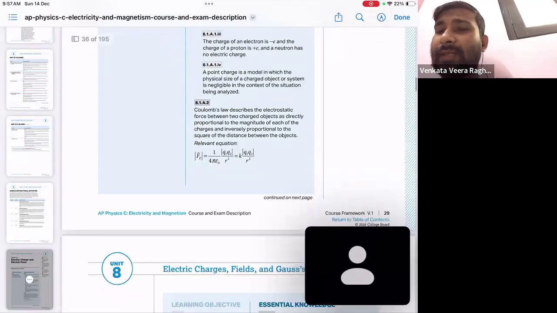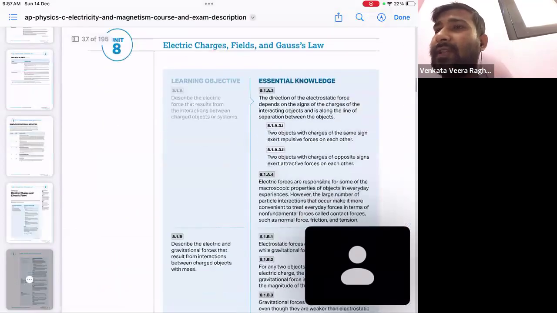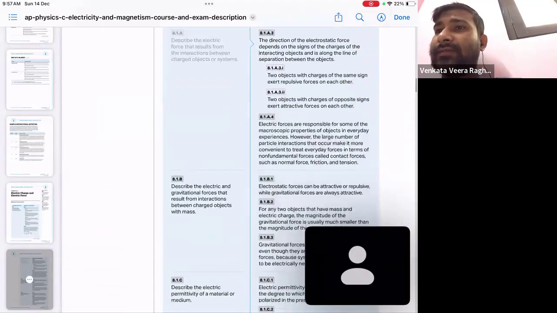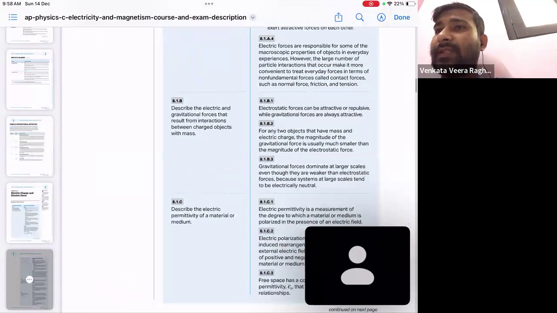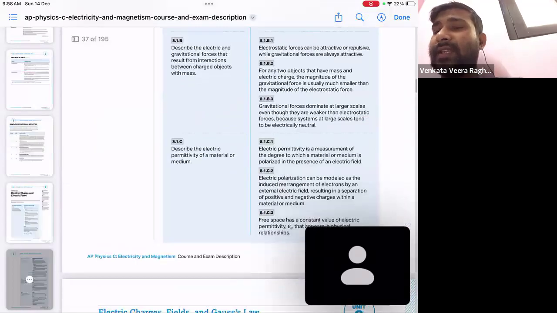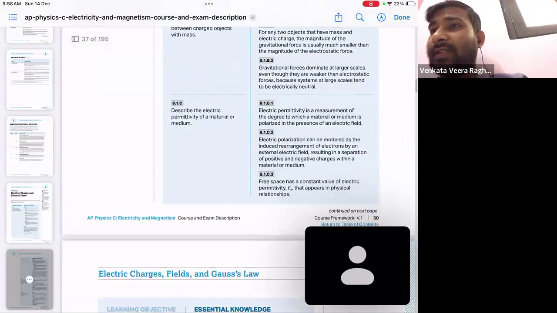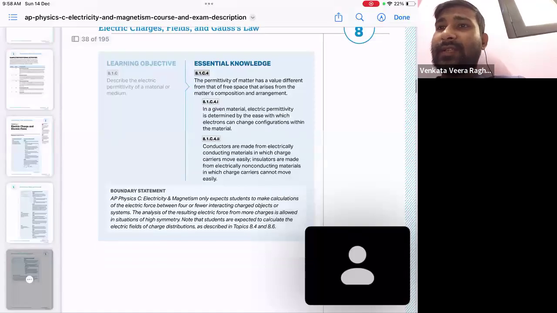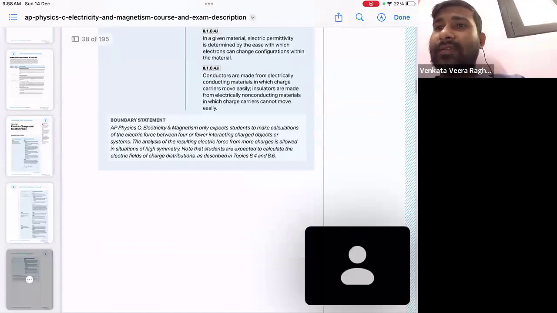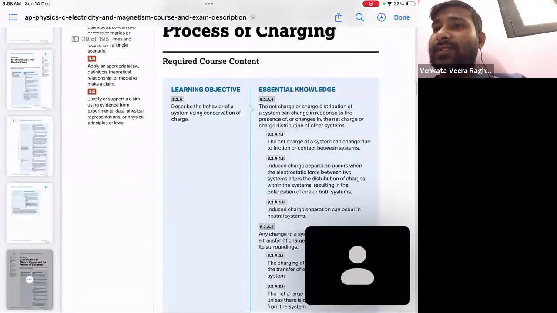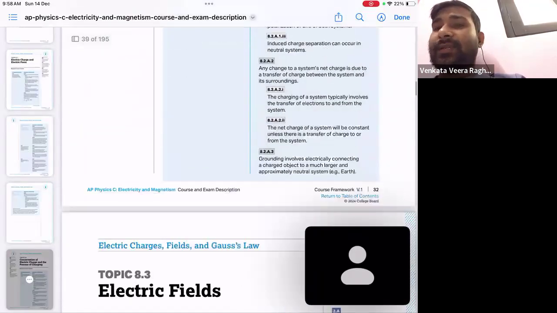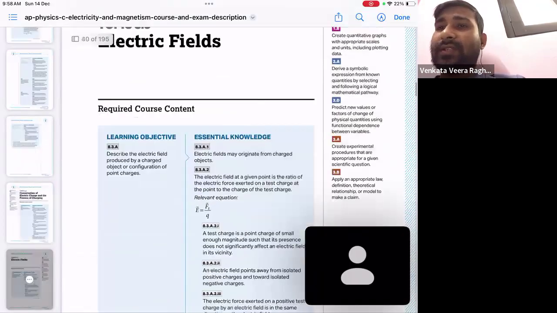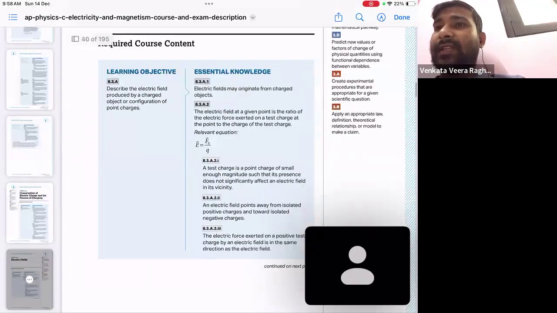Then we discussed Coulomb's law. What is the direction of electrostatic force? Attractive, repulsive. Gravitational force is large scale, weaker. Electrostatic force is much stronger, but its range is less. Electric polarization, permittivity, what is the permittivity? Conservation of electric charge. This process of charging we will discuss a little bit later because for that we need the potential concept. Then we discussed the electric field.